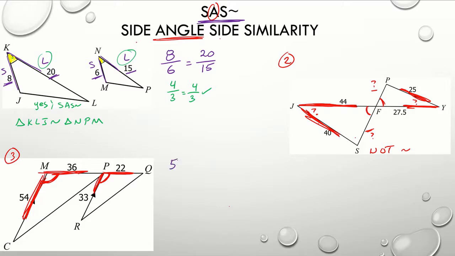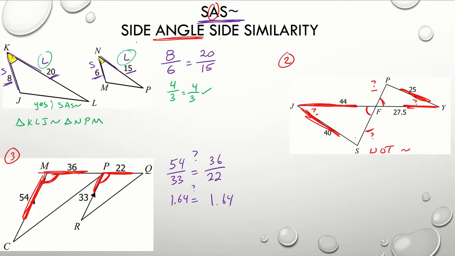So we're going to do big over big and see, is that the same as my smaller side over my smaller side? If I put 54 over 33 in a calculator, I get roughly 1.64, and I'm trying to check, is that the same as if I were to put 36 over 22 in the calculator? And indeed I get 1.64.